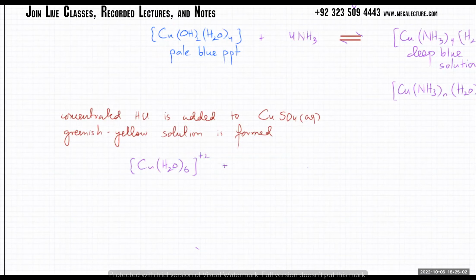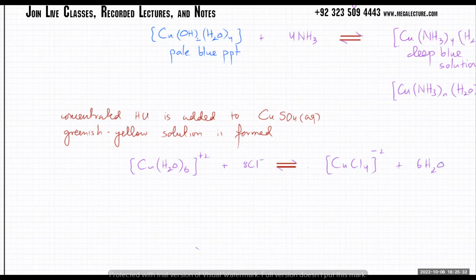Cl- ligands are going to come in and replace the water molecules. It's a reversible reaction, and 4 Cl- ions take the place of the 6 water molecules. The overall complex will have a charge of -2, and the 6 water molecules get knocked out.